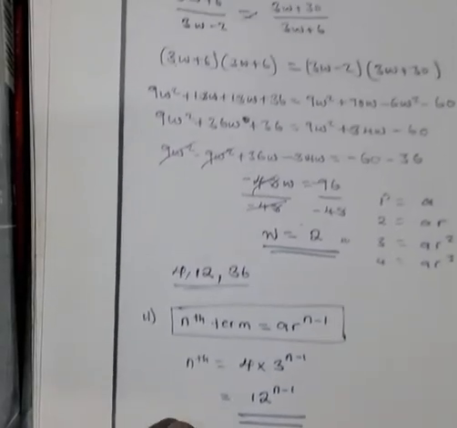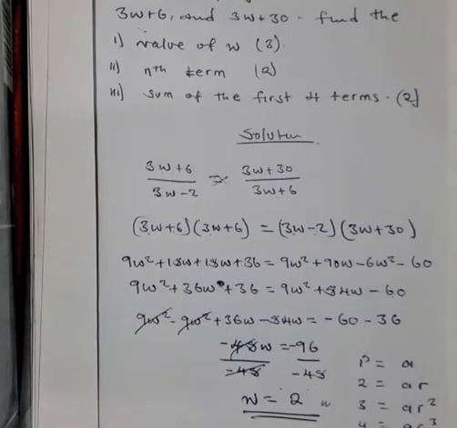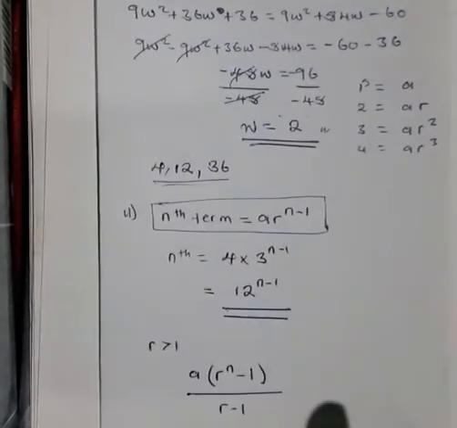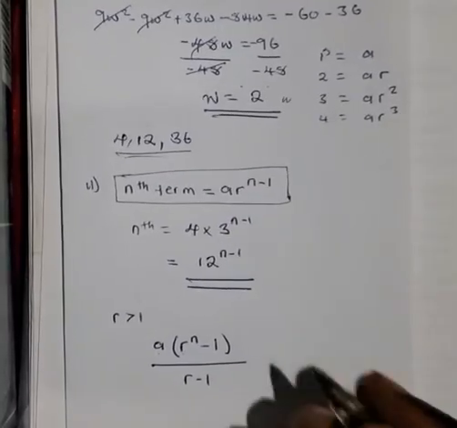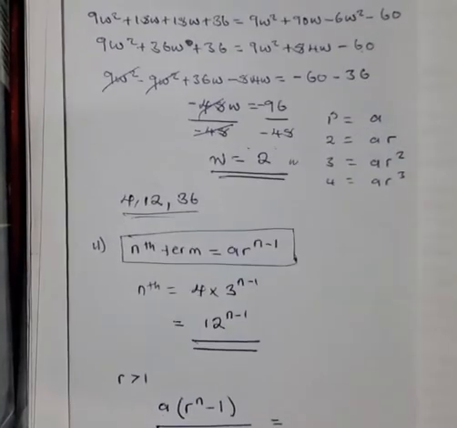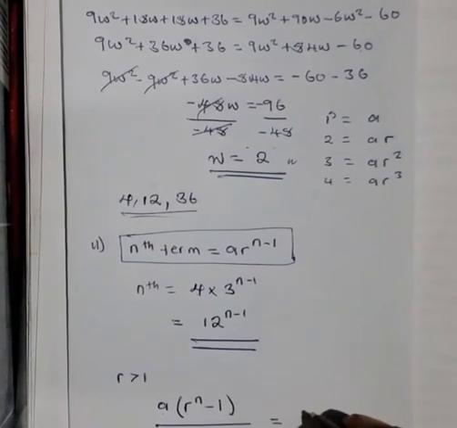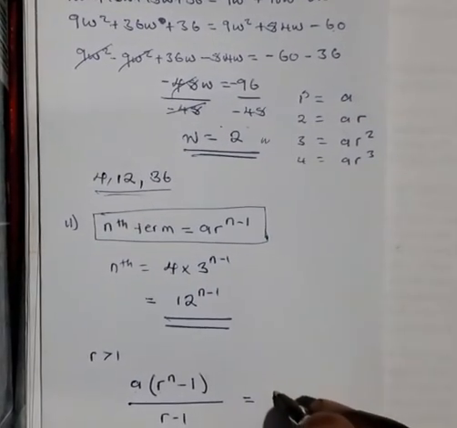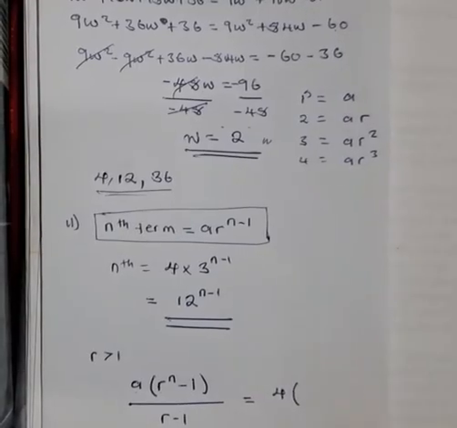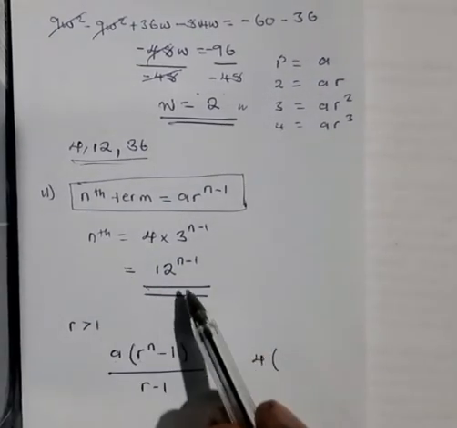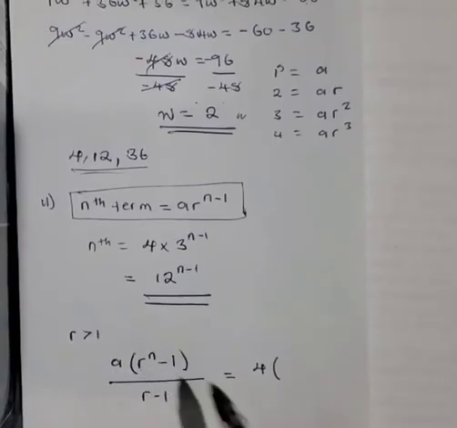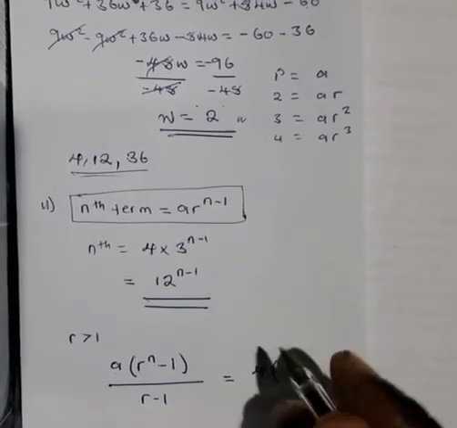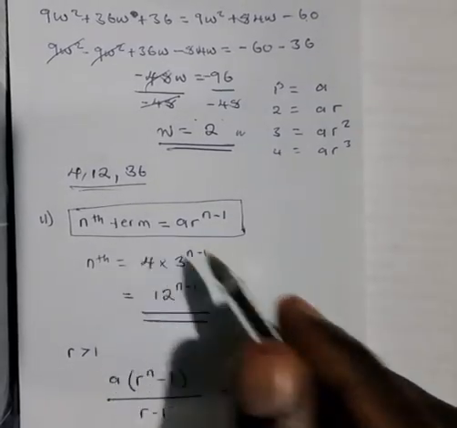Now we are told the sum of the first 4 terms. Since they're talking about 4 terms, it means n will be 4. Remember the first term is 4 here. And r is the common ratio, we say the common ratio is 3.